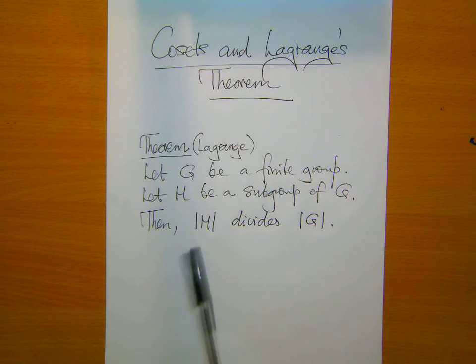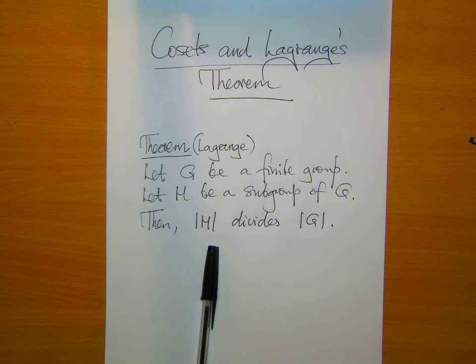But what is true is that the order of any subgroup divides the order of the group. What Lagrange's theorem doesn't say is that if you've got a factor of the order of the group, then you'll be able to find a subgroup of that order. Now that's not true, and we'll talk about that later on. So this is what Lagrange's theorem says.